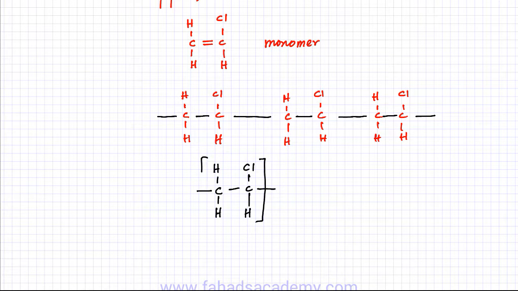This is the simplest repeat unit for a PVC, and n represents the number of times this repeat unit is going to repeat in that polymer chain. So that's a PVC polymer, and it's used in making tiles. And just a few more things. The name of the monomer in this case is chloroethene. This monomer over here, the basic building block of a PVC, is chloroethene.